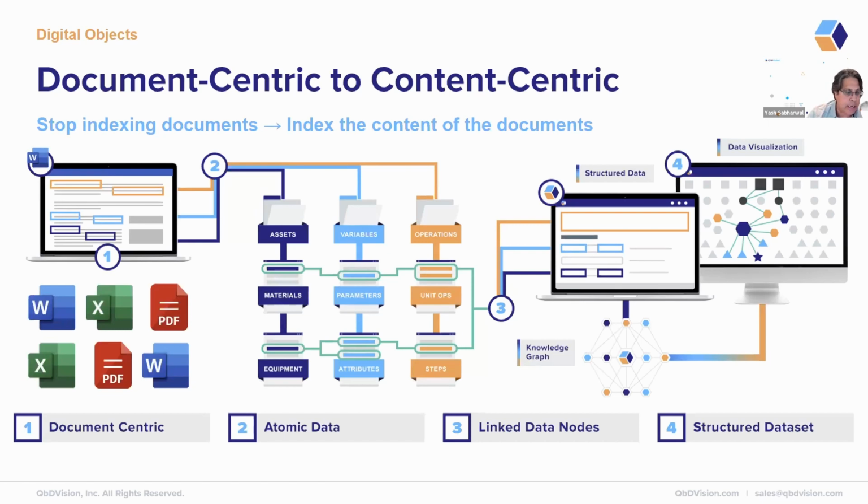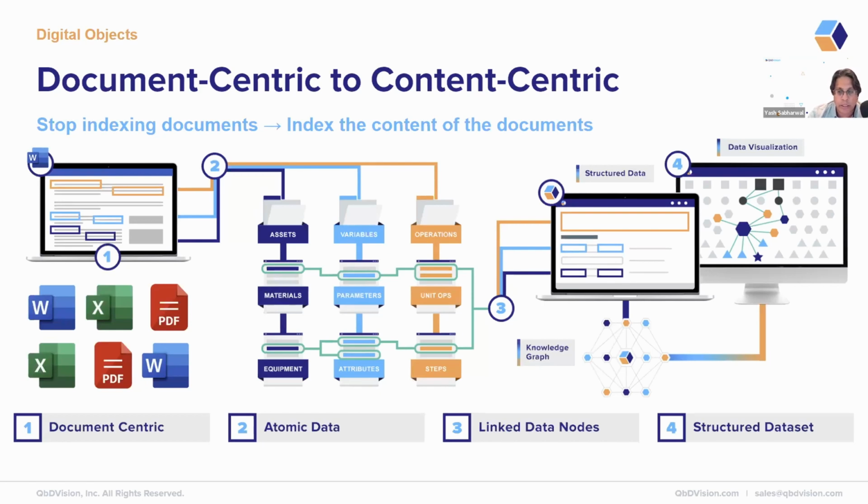And the way to do that is to stop indexing your documents and start indexing the content inside the documents. And that requires pulling apart the information in your documents and categorizing it as atomic data, as digital objects, in a way that they make sense. So, categorizing equipment under an assets category or materials under a materials category, breaking apart all the different elements of your process and your product requirements and your definitions into these individual data points, data objects, if you will, and then being able to link them together.